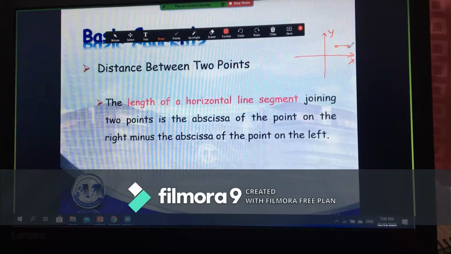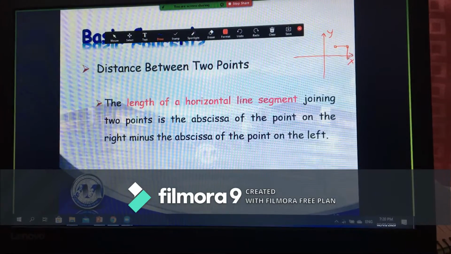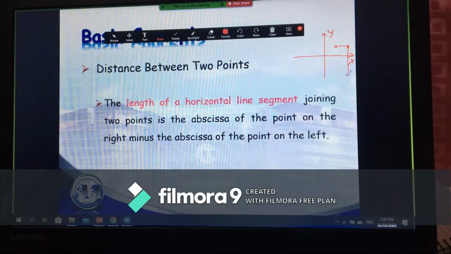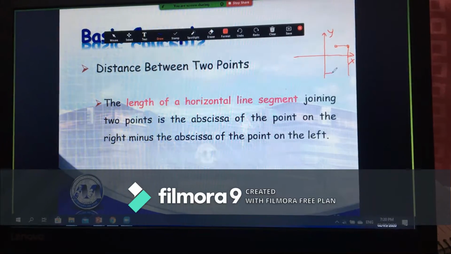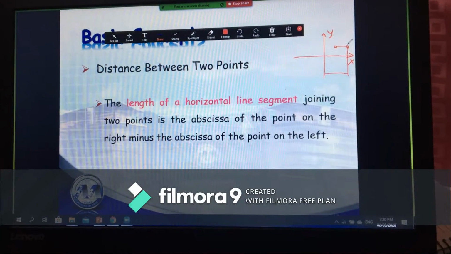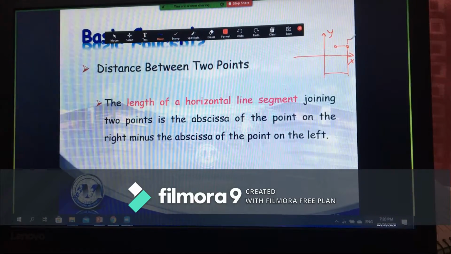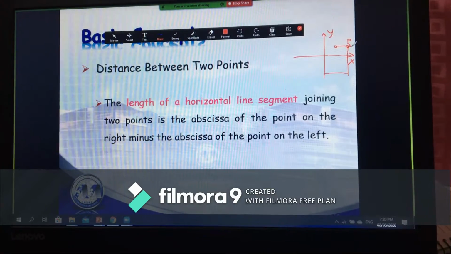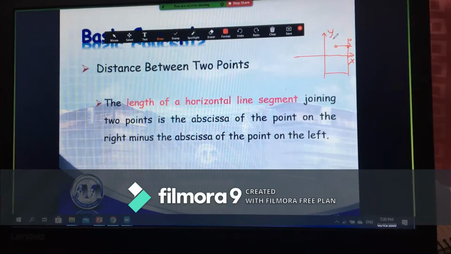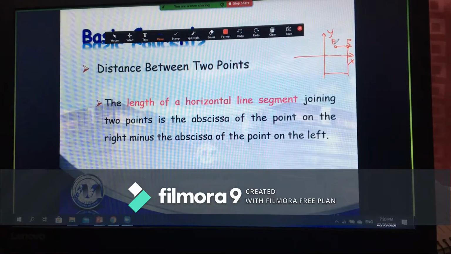This point here, class, has a distance from the y-axis towards that point. By the way, we call this point, for example, P2. Then this point here, let's call it P1.